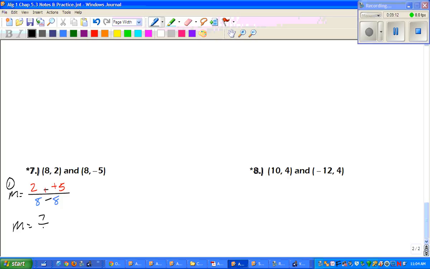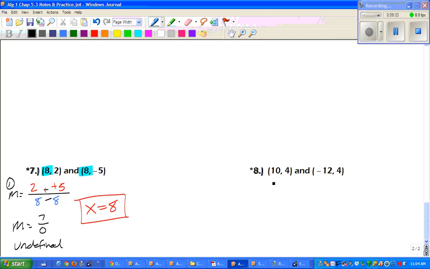When we do our slope, we get 7 over 0. Ooh, and that gives us undefined. Now remember that that's a special equation right away. Look at that. And we should know that this is an equation where x equals 8. Okay, because that's a vertical line.